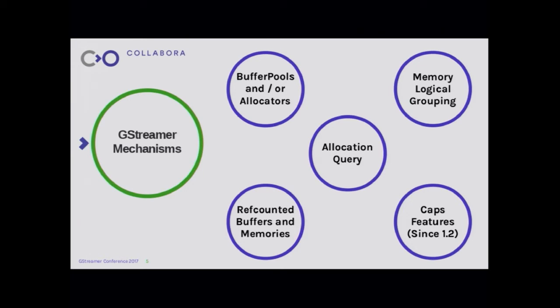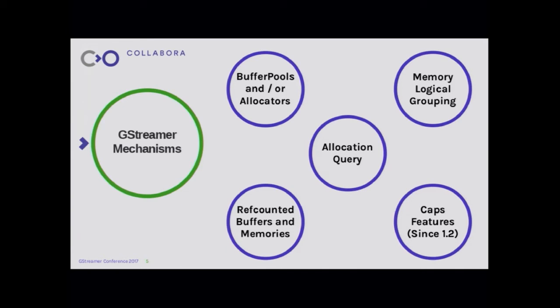There's the allocation query, which is a mechanism to negotiate various aspects of the allocation. Another very important one is memory logical grouping. You have the ability to take parts of memories and combine them together into a GstBuffer. A GstBuffer is a container for memories, forming a representation of data. This is used, as an example, in payloaders.